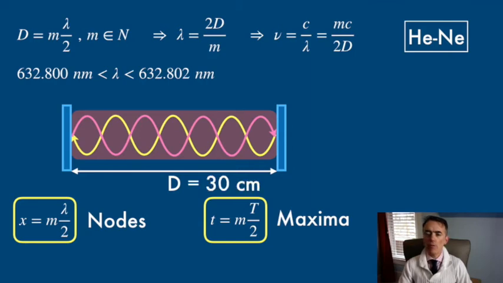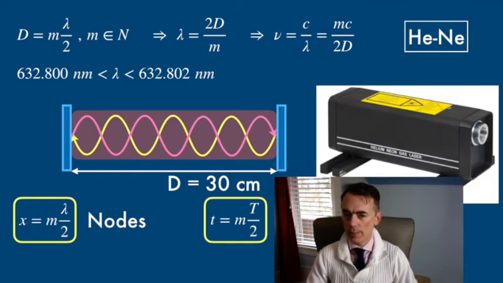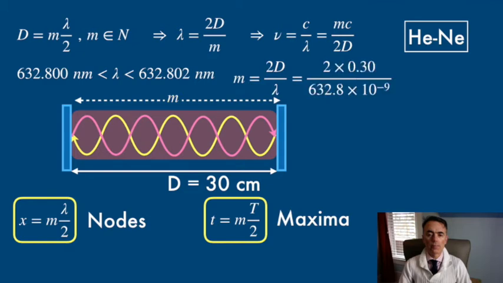If we have a cavity of 30 centimeters, well, this size is not going to be Goldfinger's, but a typical student's laboratory laser. That cavity hosts m full half wavelengths, given by 948,166. This gain medium is going to generate a wide range of frequencies related to the range of wavelengths.